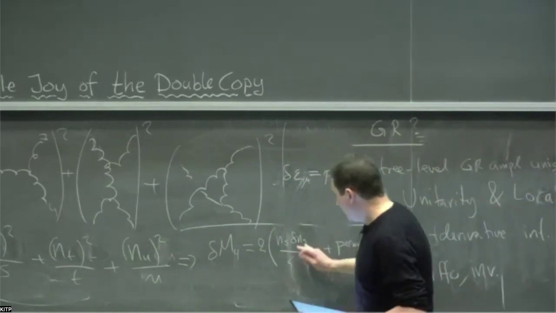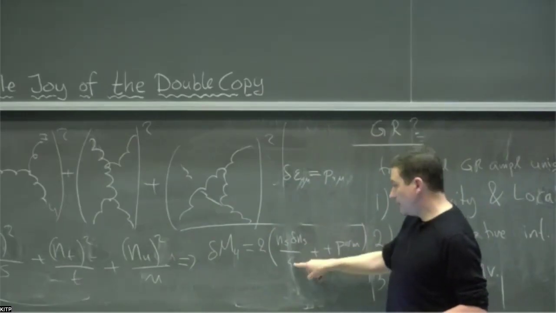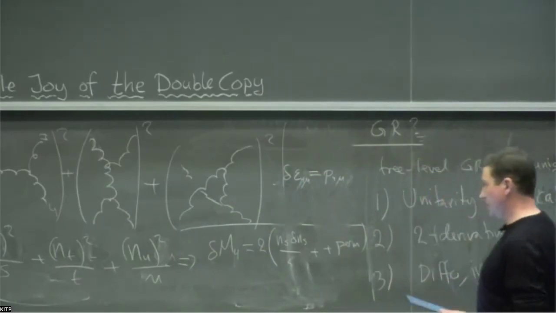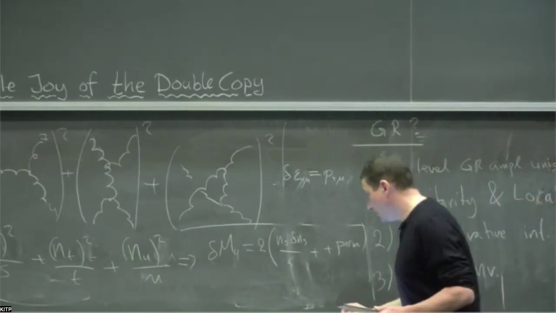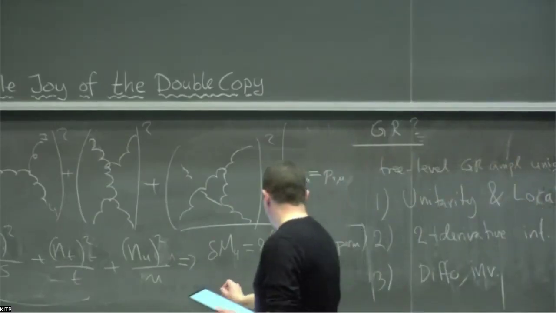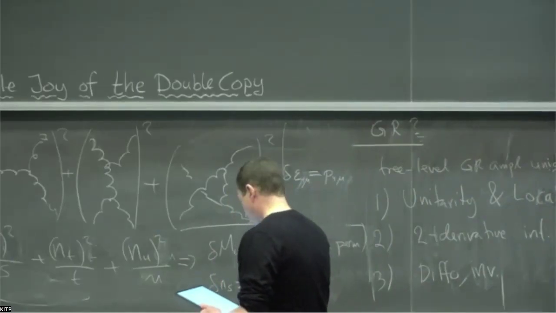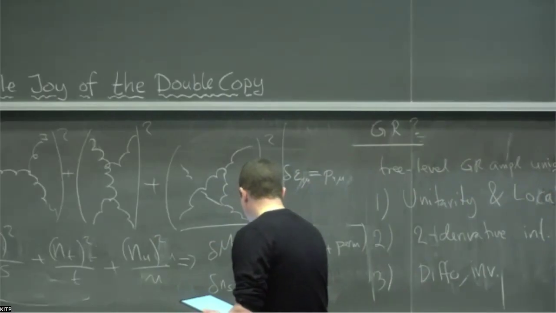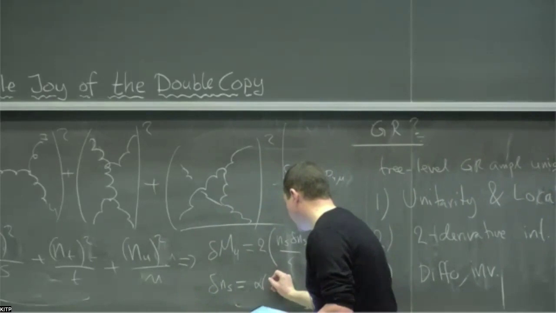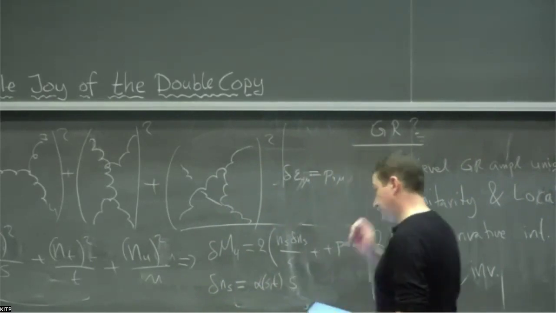You can probably convince yourself that the variation of the numerator has to be proportional to s, because how else are you going to get some relation between the different terms? So it turns out that delta n_s is equal to some function that I'm going to call alpha. This is a function of s and t, and u, whatever, and then it's proportional to s.